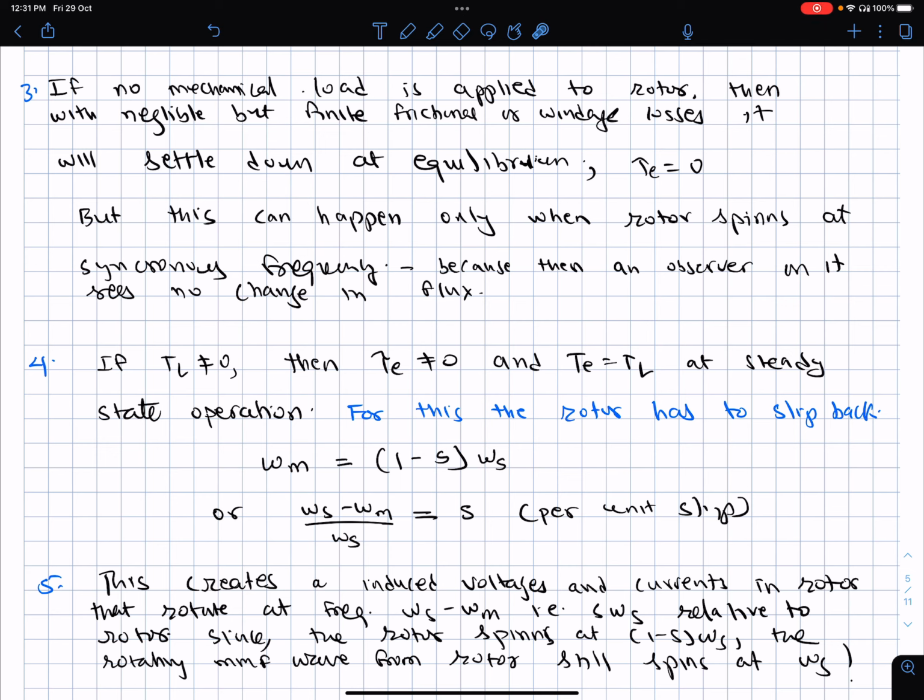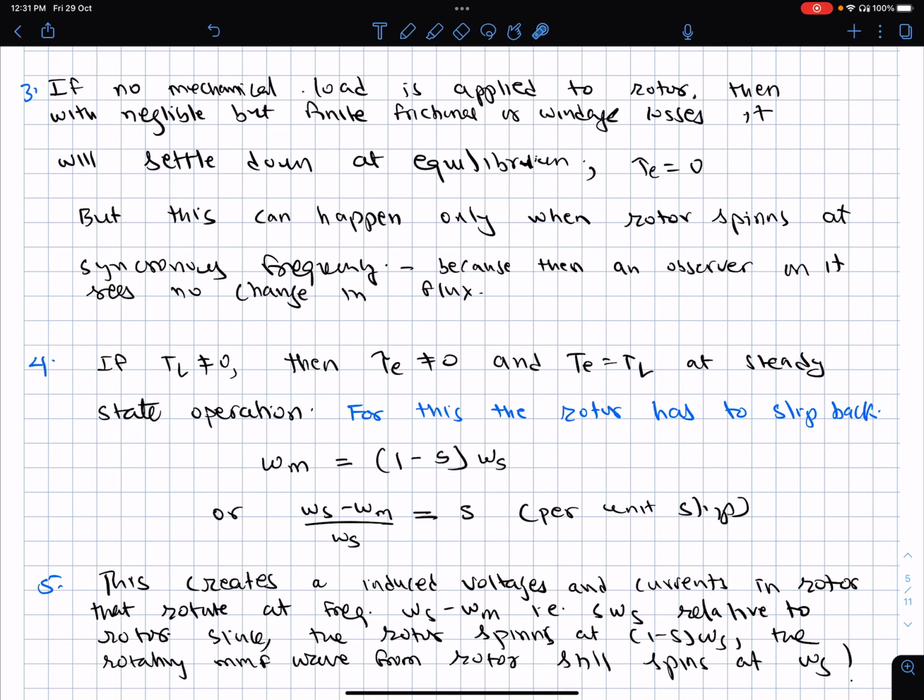This is the rotor speed. The stator mmf is rotating at omega s, the rotor is rotating at 1 minus s times omega s. So the rotor windings see a rotating mmf wave sweeping them at speed s omega s.